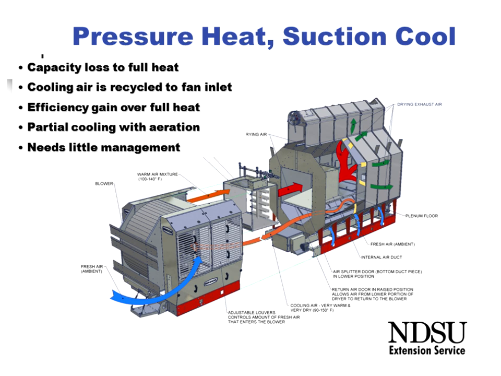As energy costs increased, we've seen a lot of interest again in what is called a pressure heat, suction cool, or vacuum cool type dryer. Here in the lower cooling portion of that dryer, now the air is being pulled from the exterior through the corn.